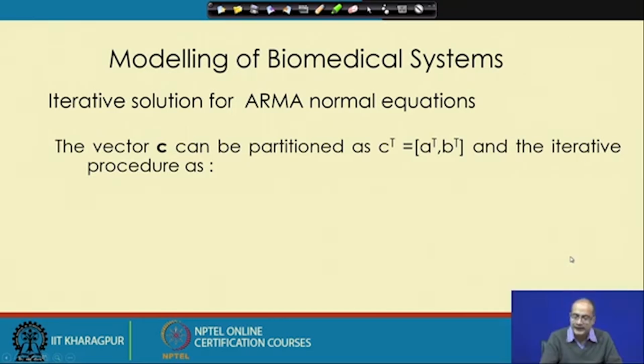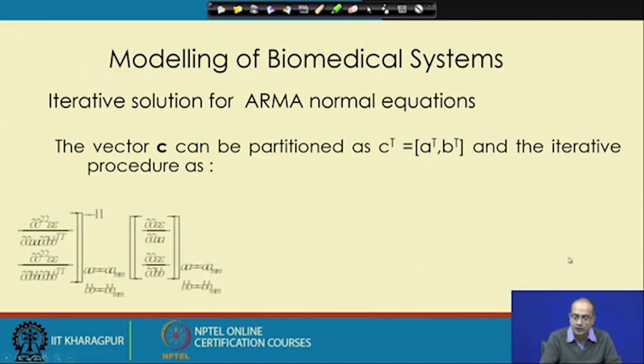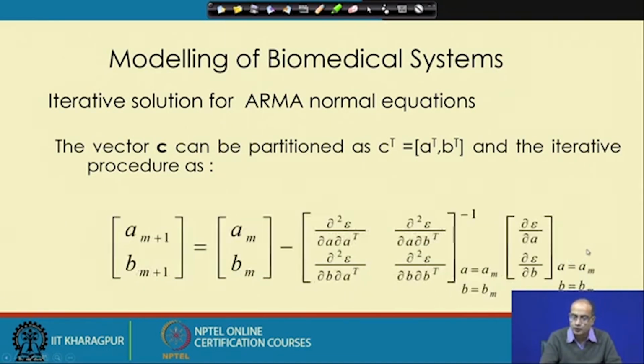and for that part we can actually partition also into two parts to make it simple, that we can write it in this way, that as C is concatenation of A and B, or rather A transposed and B transposed, we can write the update equation in this form, where we have to compute the inverse also here.